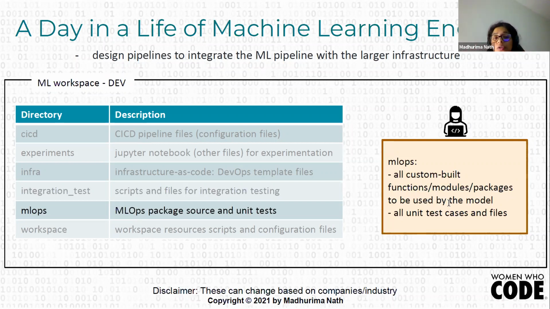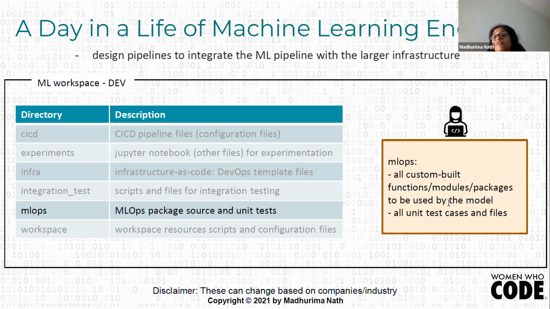So MLOps would have all the unit test cases, very important before you deploy. And as I said, we do build a lot of custom packages or modules or functions that are used by the model, which is not just importing from Spark or importing from pandas, which are built into the environment.